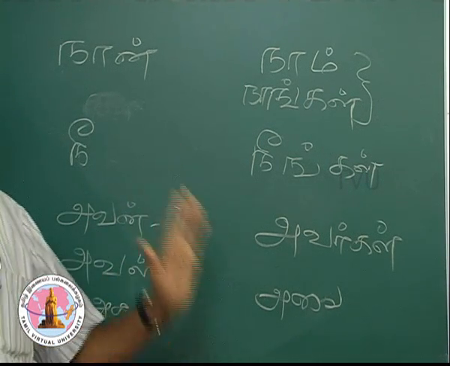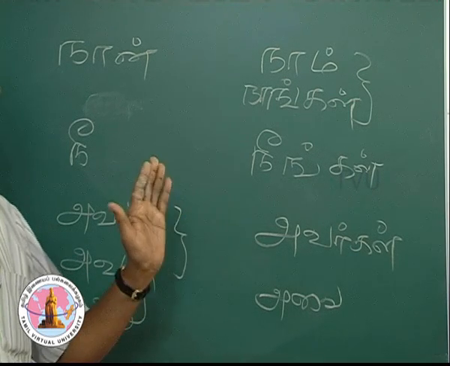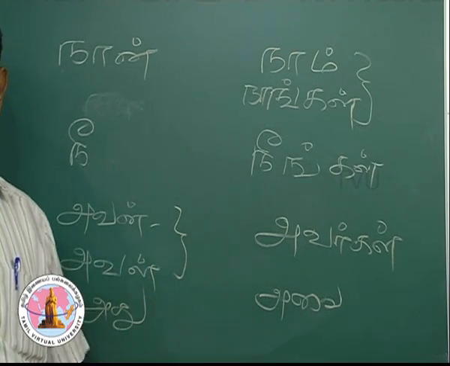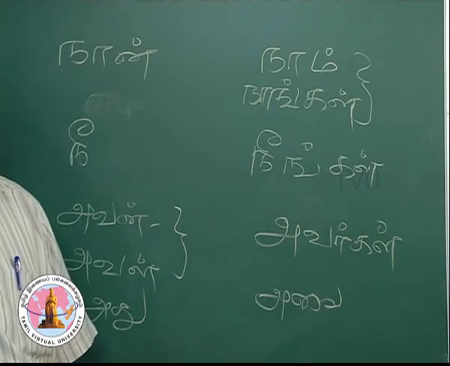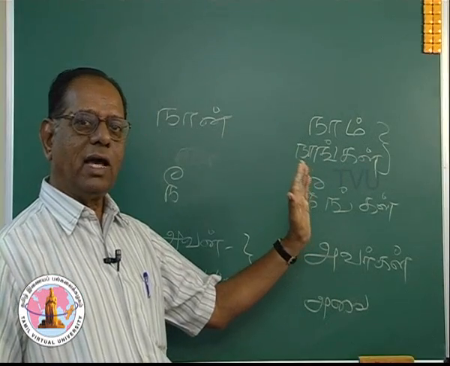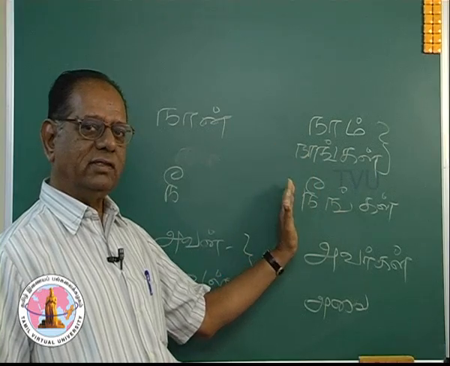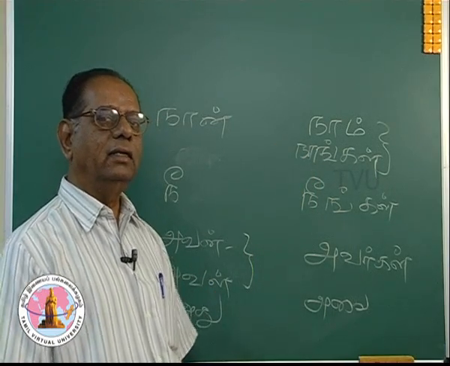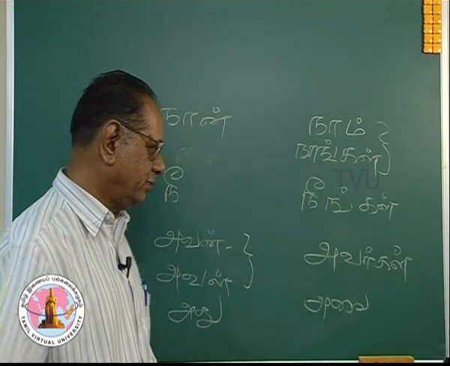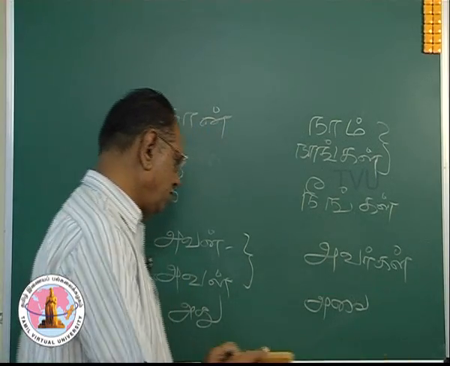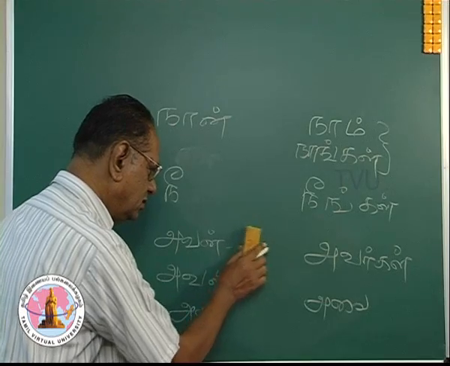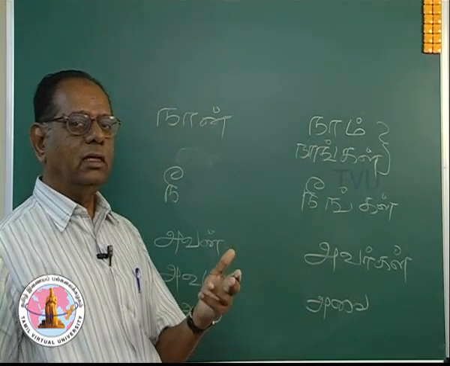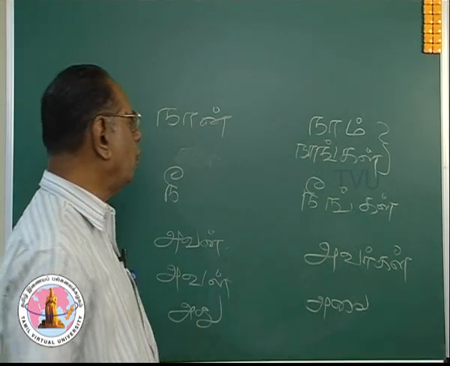It must be clear that these forms are essential to decide the personal markers. The personal markers are suffixes added to a finite verb and they are a must. So, unless you are very thorough with these things, the personal markers will be a bit difficult to follow.